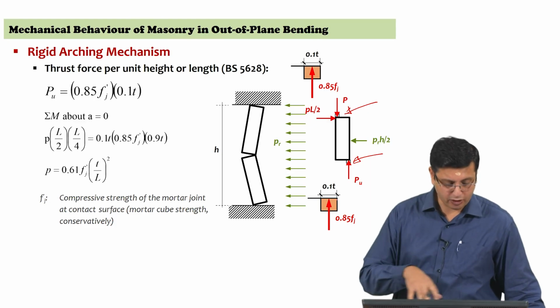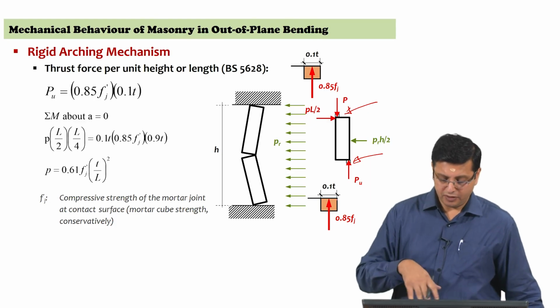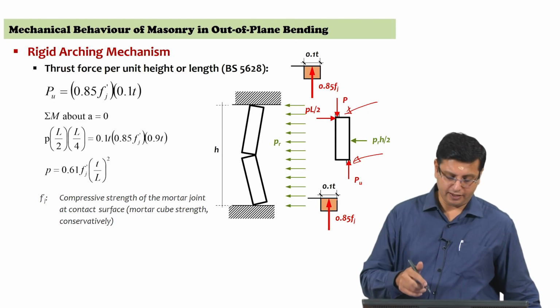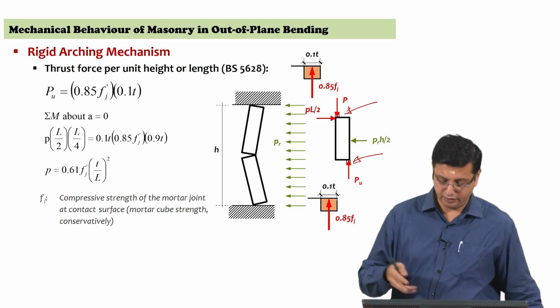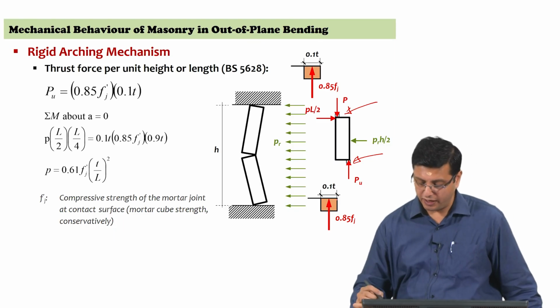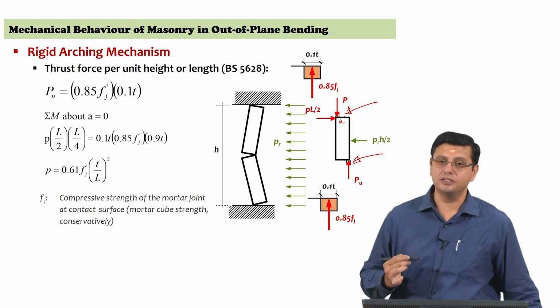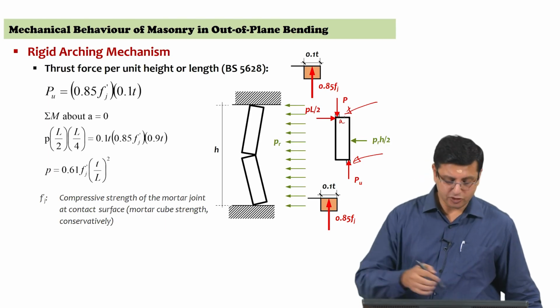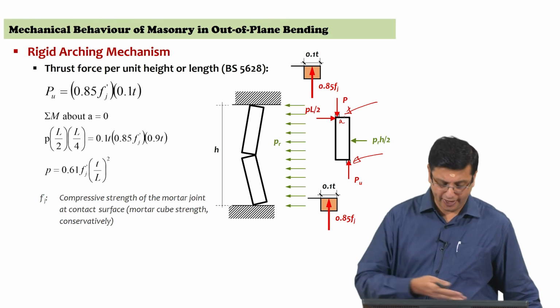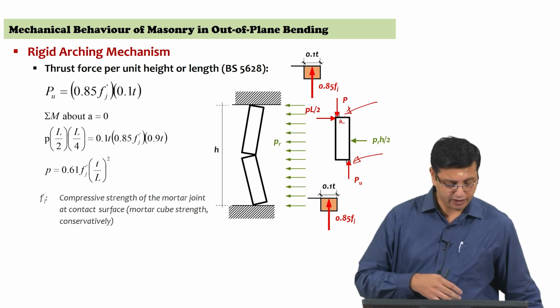And with that stress block, if you write down the moment equilibrium in the figure that we have assumed earlier, with the moment at the top hinge A, P into, it could be H or L depending on vertical bending or horizontal bending.